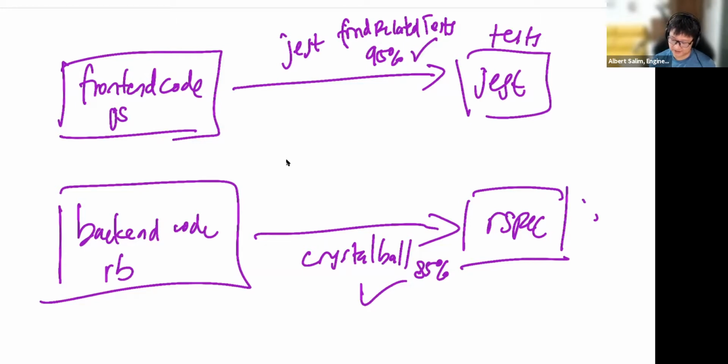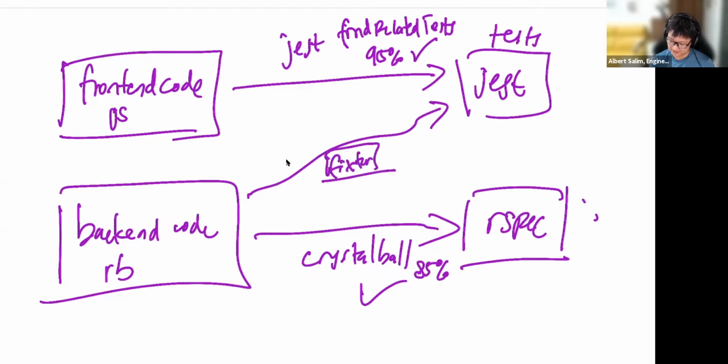So the challenge is now between the backend code and Jest. We have this dependency where we still run all the Jest tests that we have for every backend change, because there are fixtures in the middle.